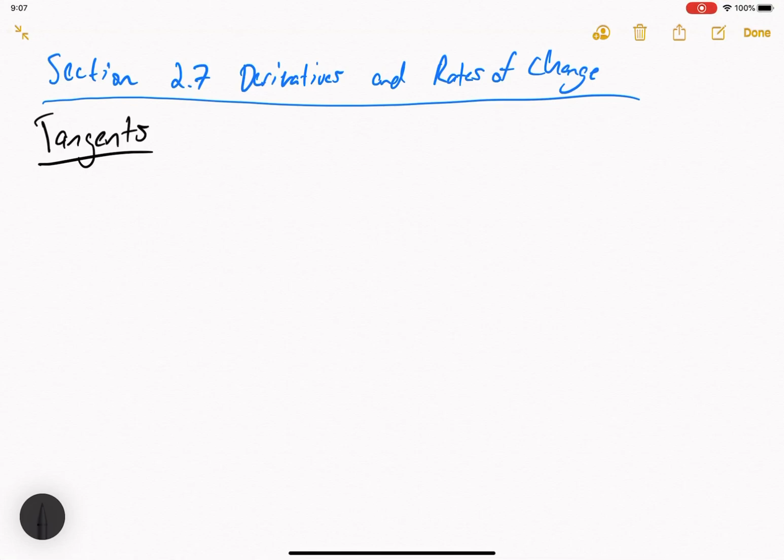Let's use that. Just to review, as Q approaches P, or as x goes to a, and let me see if I can draw that, the secant line approaches the tangent line.